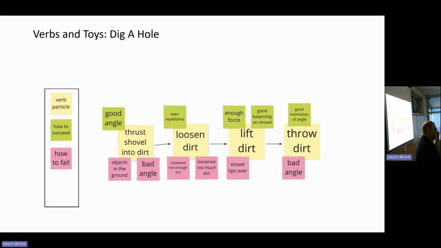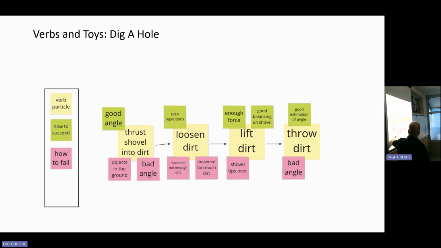And you have to think about how you actually implement this. What is critical about thrusting a shovel into dirt? A good angle or a bad angle would be important for this part of the verb.